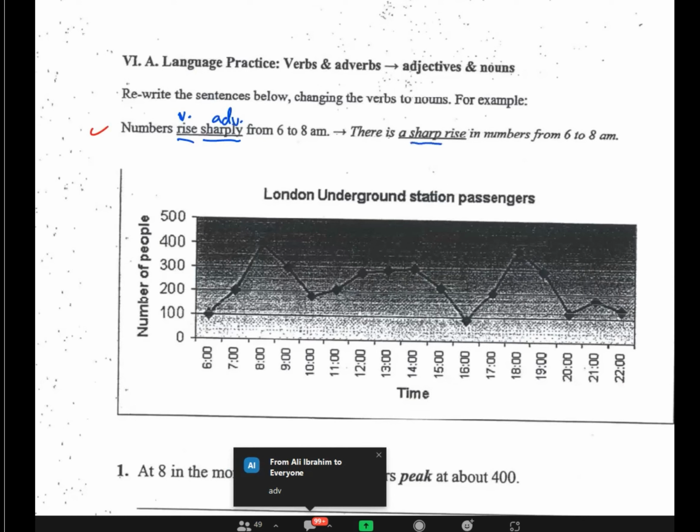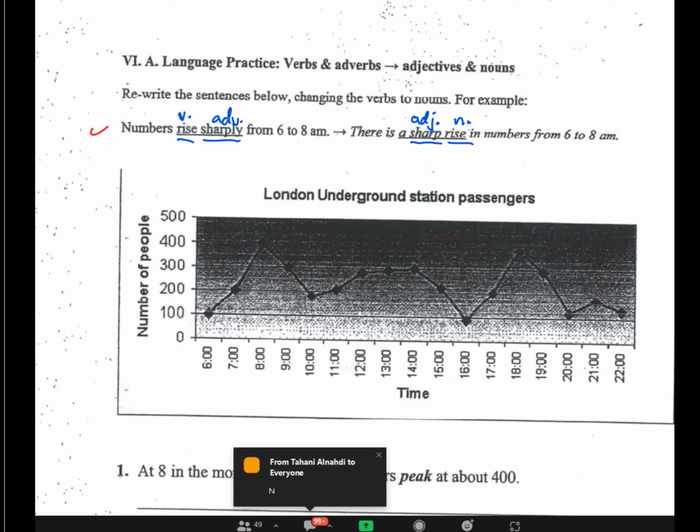Here, what is sharp? An adjective, yes, adjective. And what is rise? Noun. Here, rise is a noun. There is a sharp rise.